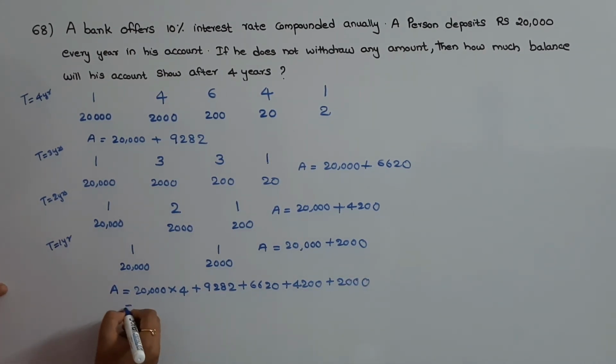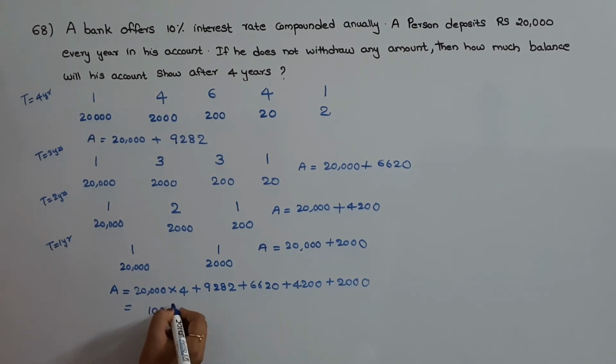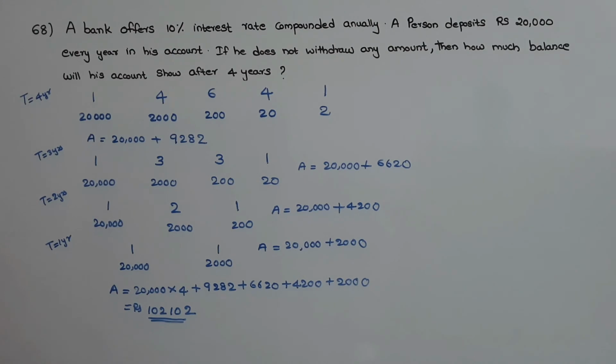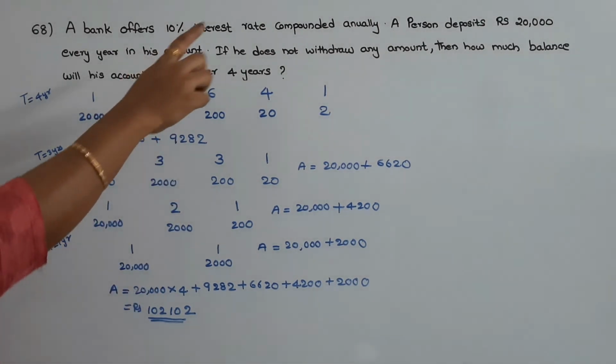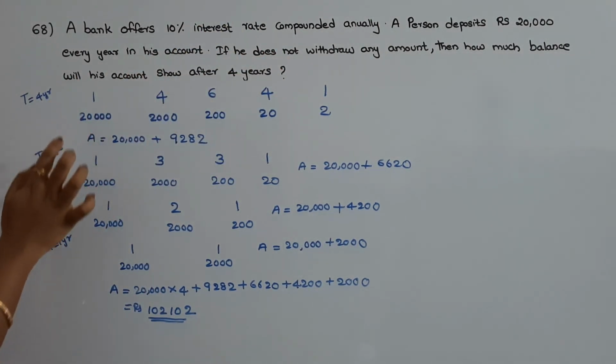So the answer will be equal to 1,02,102. So rupees 1,02,102 is the total amount when he is depositing the money every year.